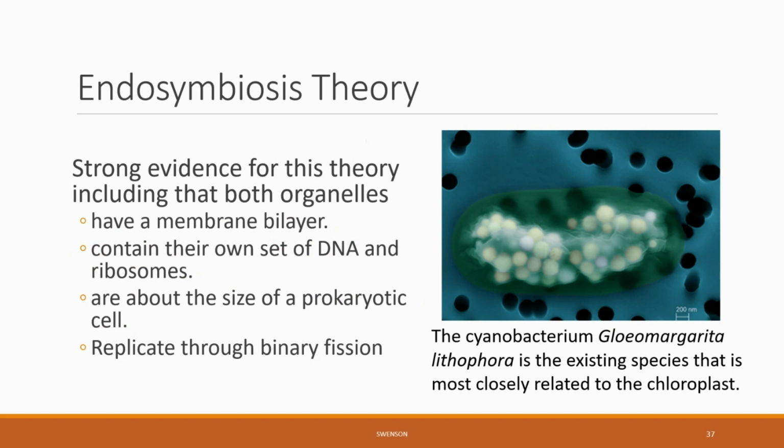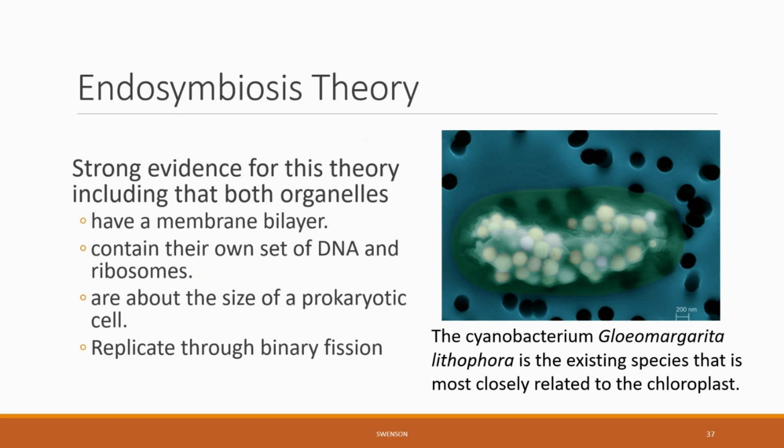The image shown here is a living organism that still exists today that was recently discovered. It's called Margarita lithophora, and it's a photosynthetic bacterium called a cyanobacterium. And cyanobacteria are thought to be the ancestors of the chloroplasts.